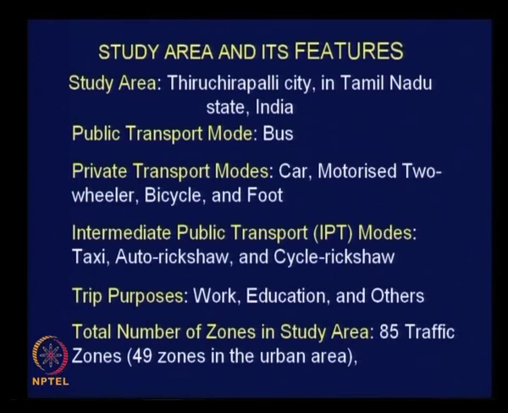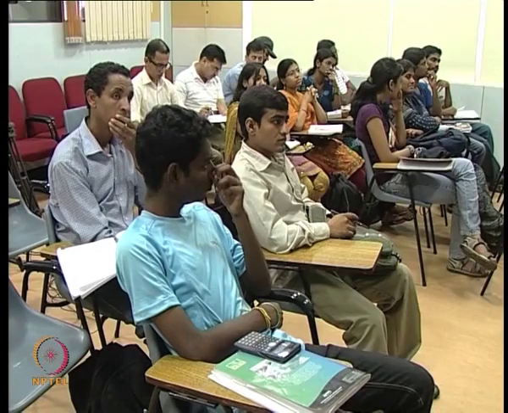Trip purposes, as we have seen earlier, are work, education and others. We have classified the trips into only 3 categories because the percentage of trips made for other purposes was how much? Anybody who can recollect the number? Hmm? 6%.